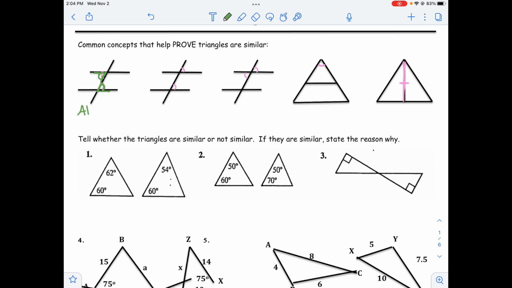These are alternate interior angles, and that's a way that we can show similarity.